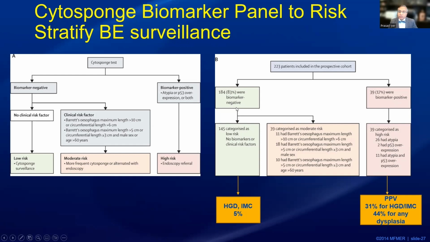At a later stage, those in the biomarker negative category were found to have a very low prevalence of high-grade dysplasia or intramucosal cancer. This needs to be refined further, but does open the doors for some kind of risk stratification on the basis of biomarkers being assayed on just cell collection device samples.